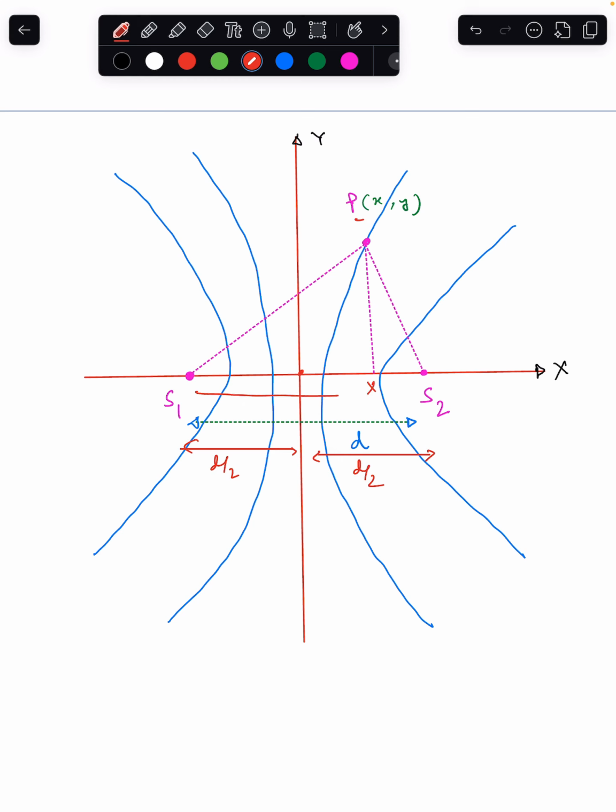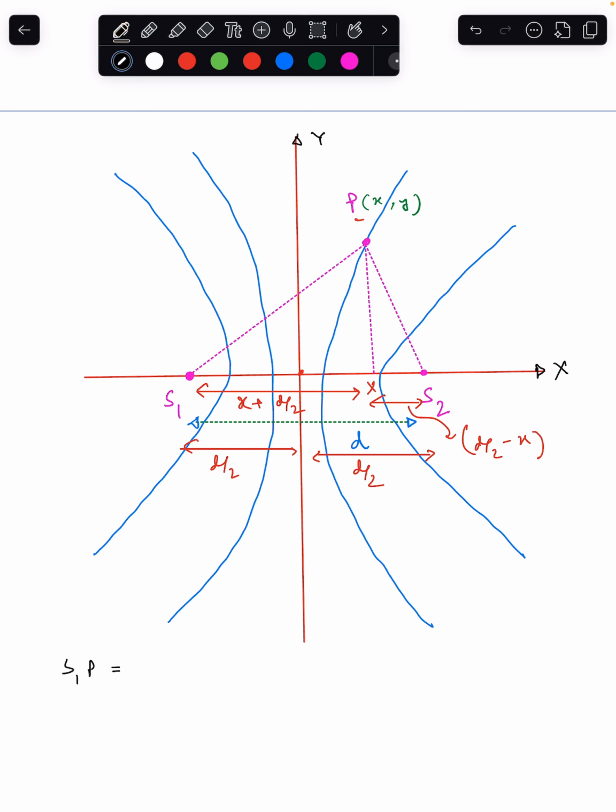So if I talk about this distance now, how much is it? This one is coming to be x plus d by 2. And this distance over here will come d by 2 minus x. Now if I want to calculate S1P, how much is it?